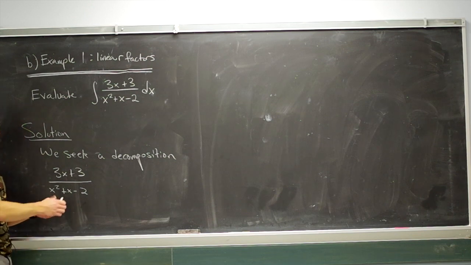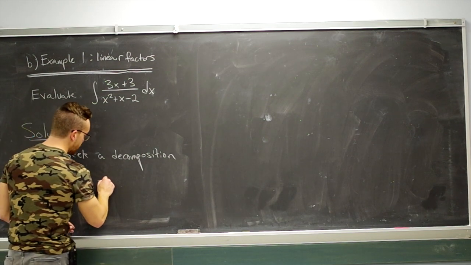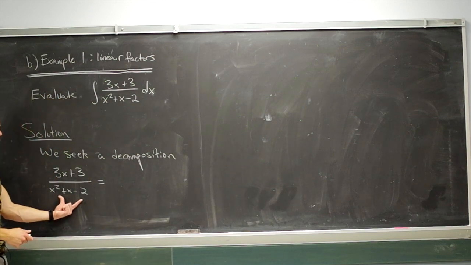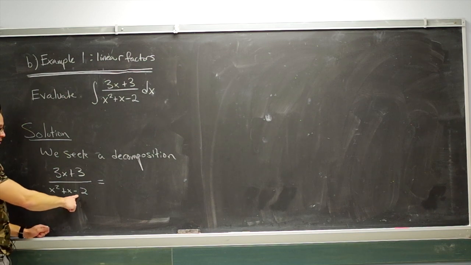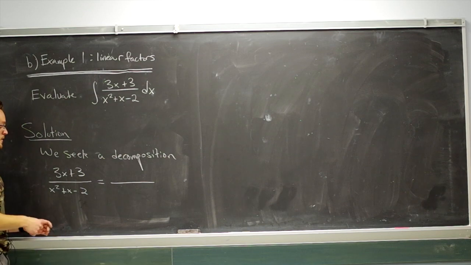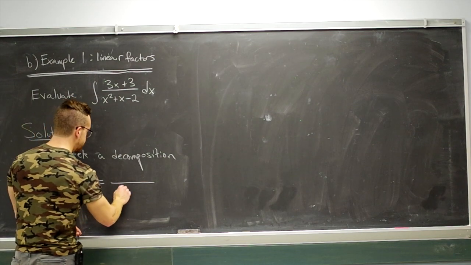That's going to determine how these things are split up. So every time you do a partial fractions decomposition, your first step is to factor the denominator as much as possible. In this case, it looks like, let's see, 2 times -1 is -2, and 2 plus -1 is 1. So this should factor as (x - 1) and (x + 2), I think.